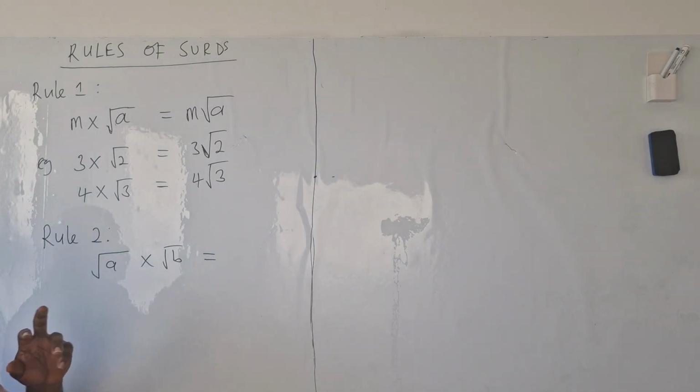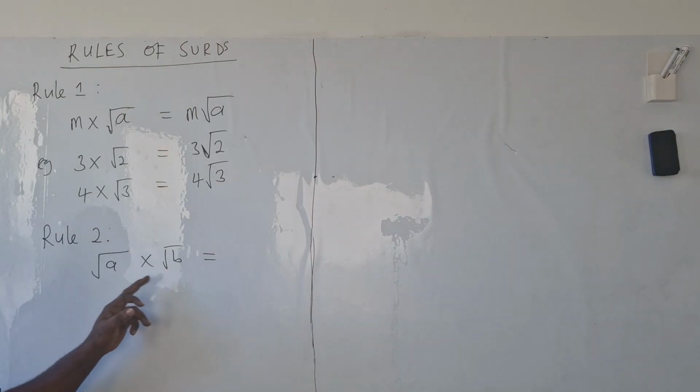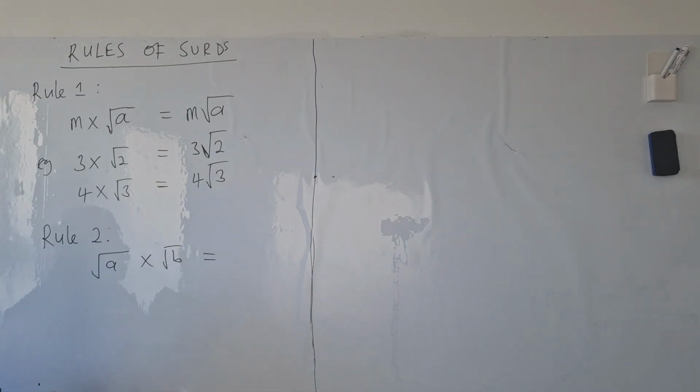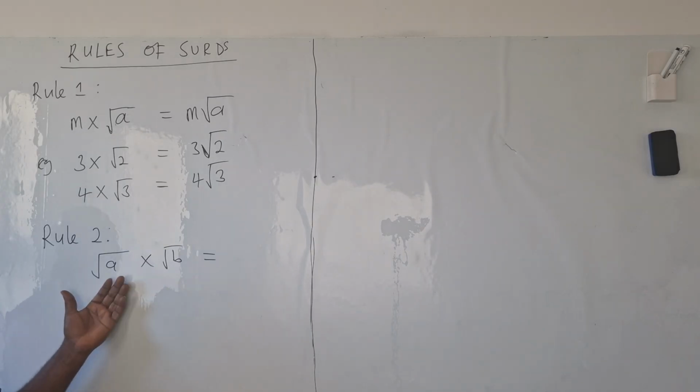With this one, we have two different roots, two different surds. They are not like surds, because the numbers under the root are not the same. So these are unlike surds: root a and then root b.